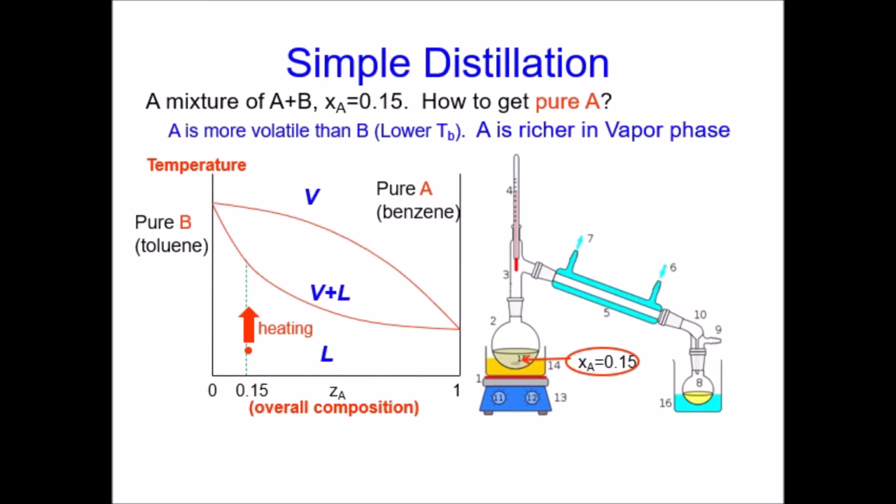Let's apply the phase diagram to a simple distillation process. On the left side, we show the phase diagram, and on the right side is a setup for simple distillation.